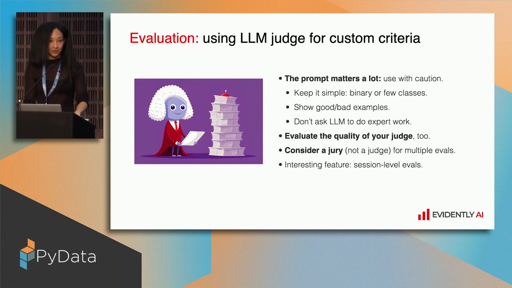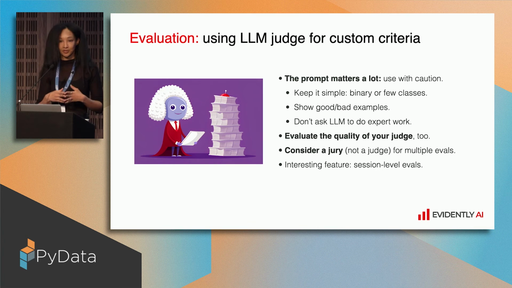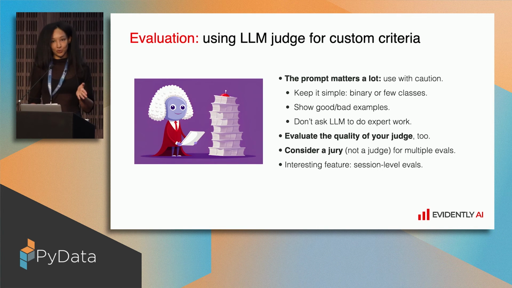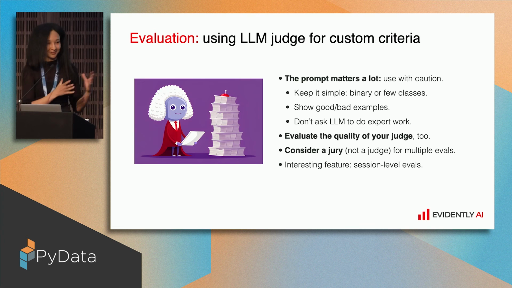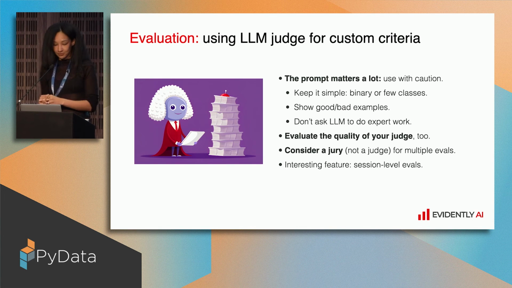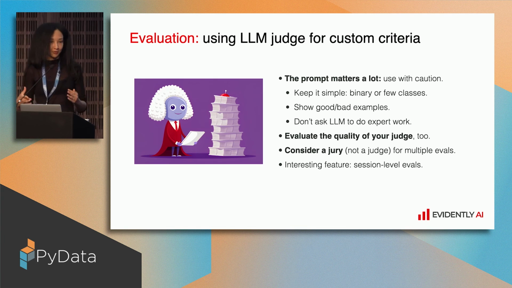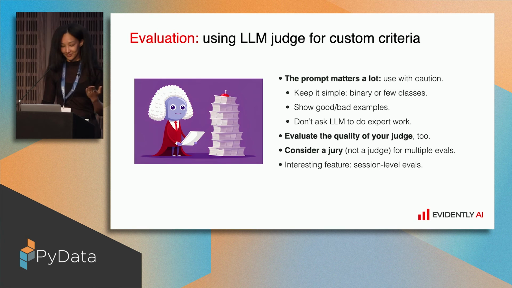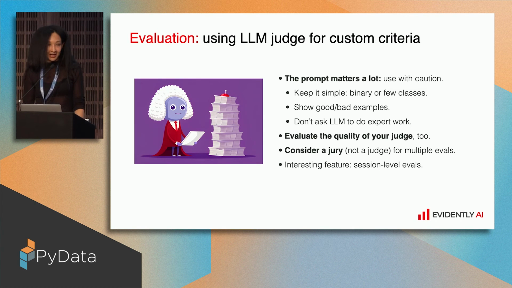Well, also, of course, you can use LLM as a judge if your negative criteria are quite complex and you cannot really create a regular expression for that. But here, just be mindful, because here the prompt matters a lot, right? And we do not want to have another evaluation system which evaluates our prompt, which we created to evaluate our application, right? So this is why I believe there are quite nice heuristics to share: try to keep it simple, maybe binary or categorical, so that the LLM returns some binary values, or maybe categorical, right?